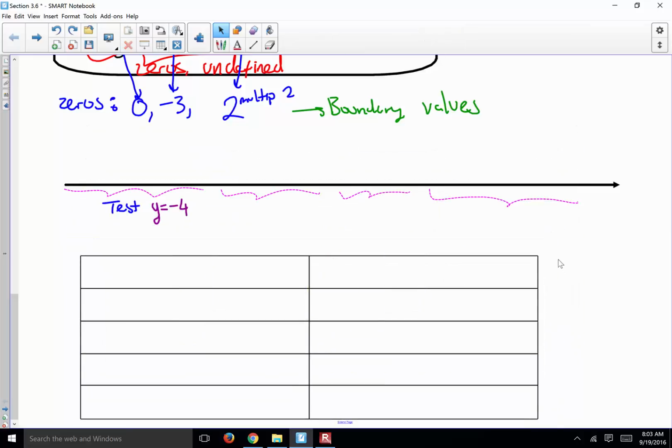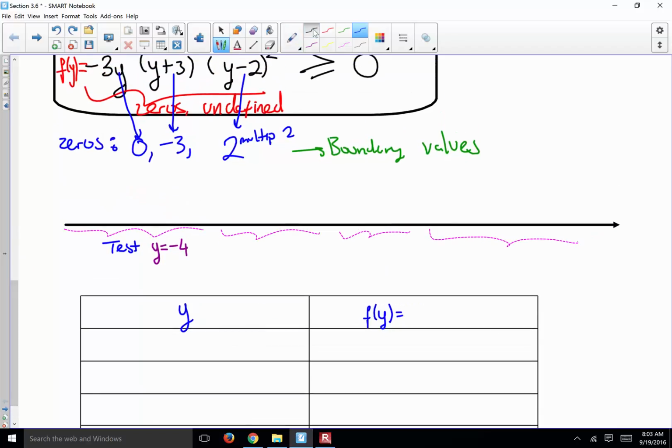Okay, so take y values here, your variable, and compute f of y under this function. And you are testing negative 4 first.